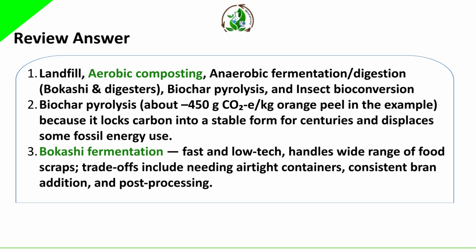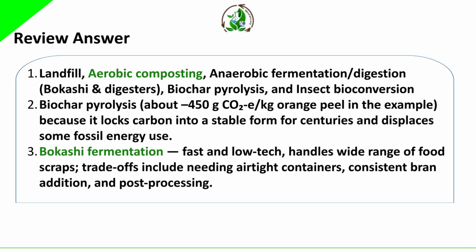Here are the answers. The 5 pathways are landfill, composting, bokashi and anaerobic digestion, biochar, and insect bioconversion. Of these, biochar avoids the most emissions, around minus 450 grams of CO2 equivalent per kilogram of food waste, because it locks carbon into a stable form that stays in soil for centuries, and it can even displace fossil fuel use.